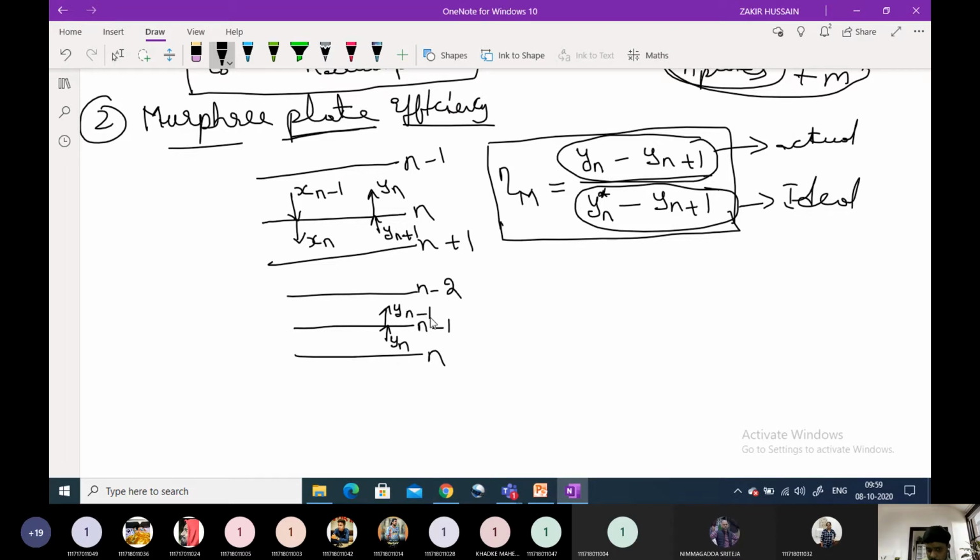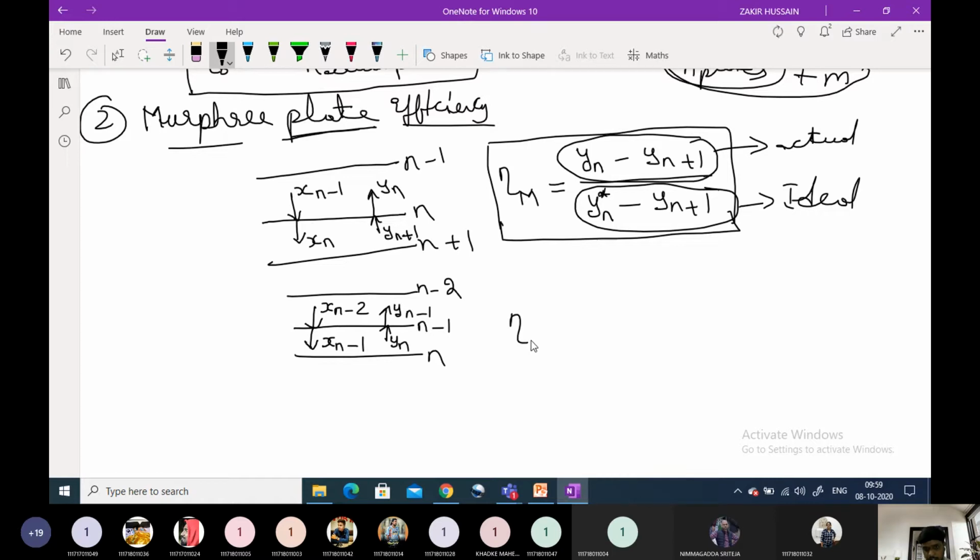Then the liquid is coming from top to bottom; the liquid mole fraction is denoted with x. From the n minus 2 plate, the liquid of composition x n minus 2 touches this n minus 1 plate, and from this plate the liquid of composition x n minus 1 goes to the bottom section.